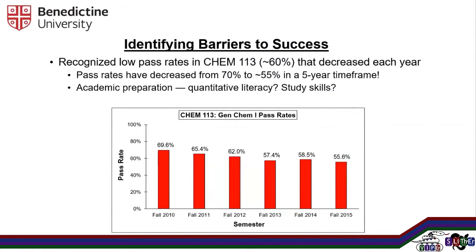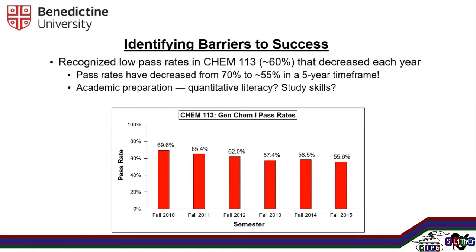All right, so this is what we were seeing. So what I did was I went and looked at historical pass rates. And I focused on the fall because that was first semester, usually freshmen that populated this course. So all the students that came in that met the prereq, which is placement into above college algebra.